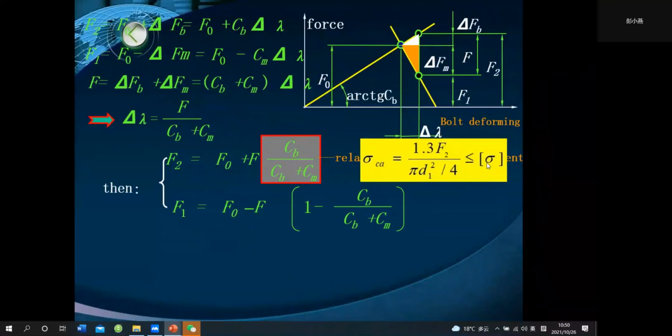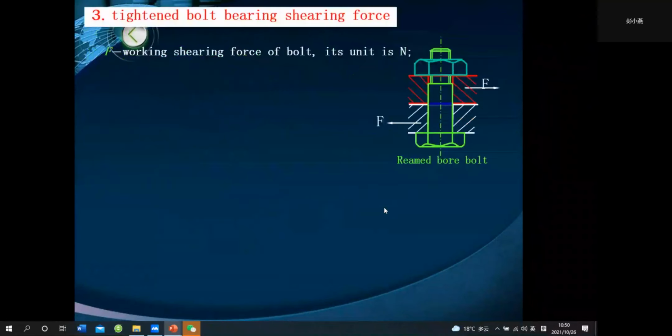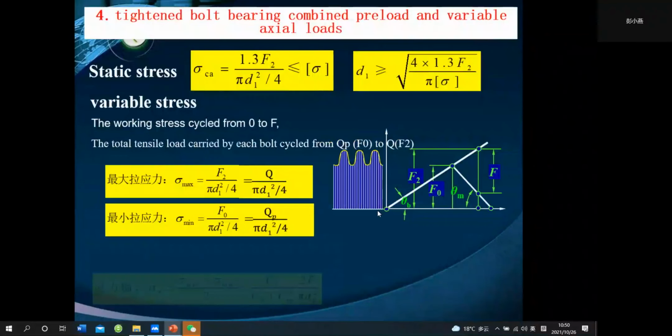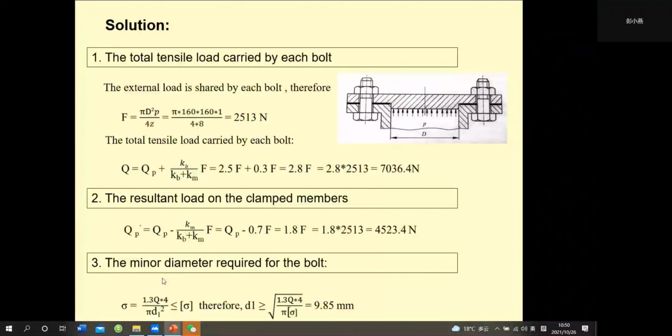So D1 should be larger than this. Use this to calculate D1. The sigma is this, therefore D1 should be larger than the square root of this. After calculation, the minor diameter of the bolt should be larger than 9.85 millimeters.